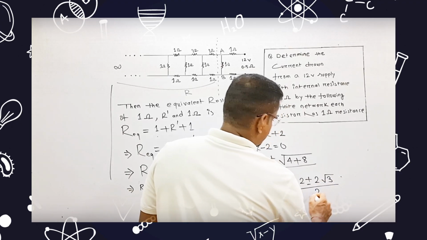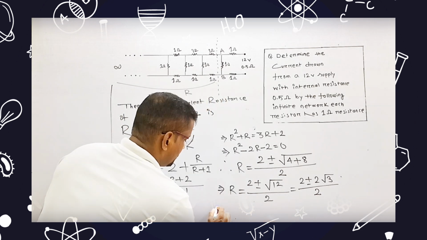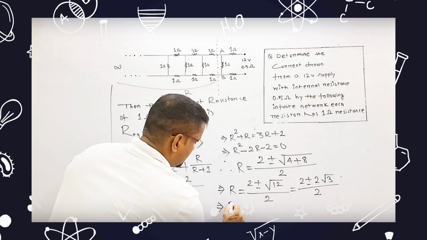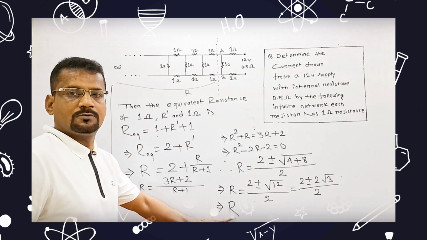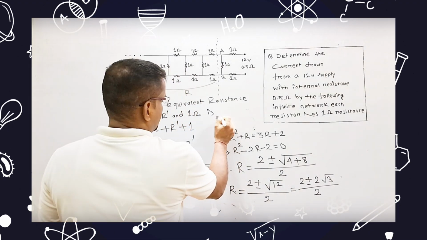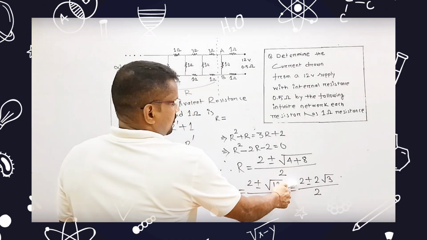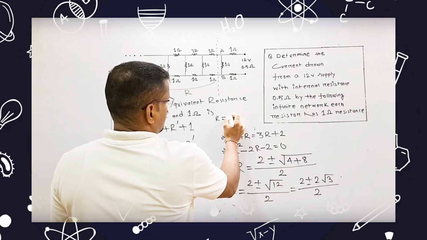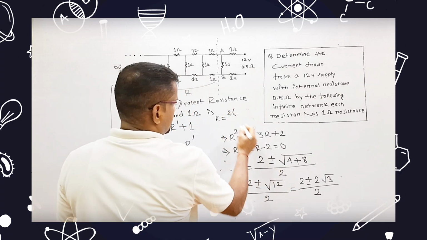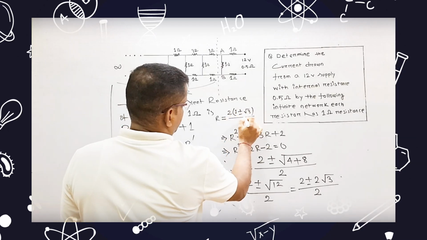divided by 2. So finally the value of R equals to, 2 common cancelled out, let me take 2 common here, 1 plus minus root over 3 divided by 2.